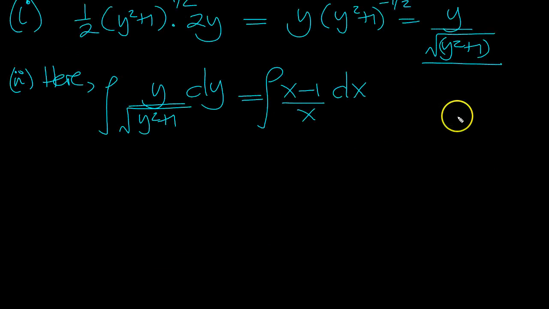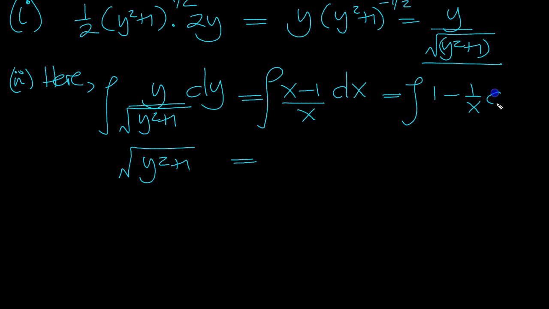So the left hand side is easy. The right hand side, well, that's equal to, split the fraction up, it will be 1 minus 1 over x dx. So this integrates to x minus natural logarithm of x plus a constant of integration.